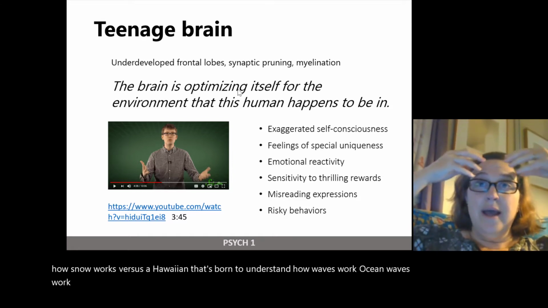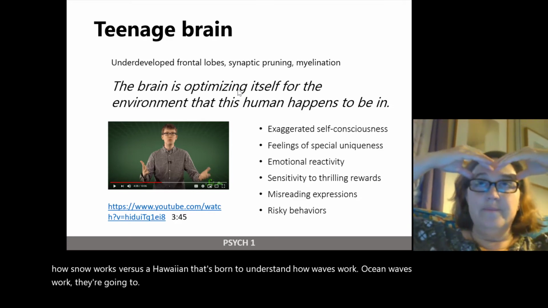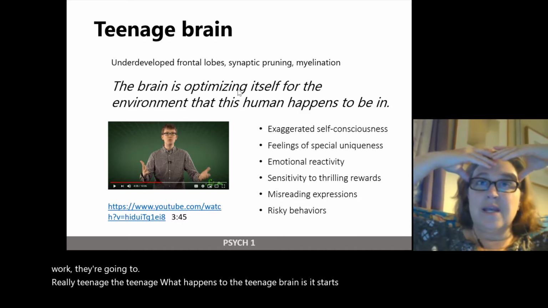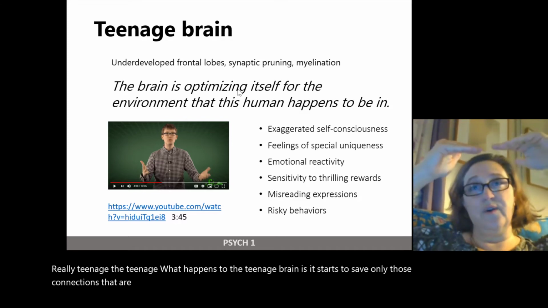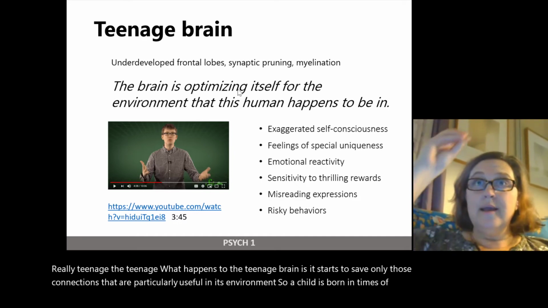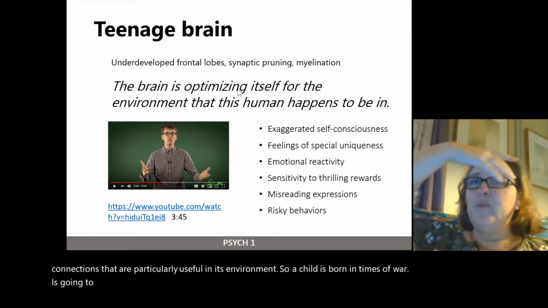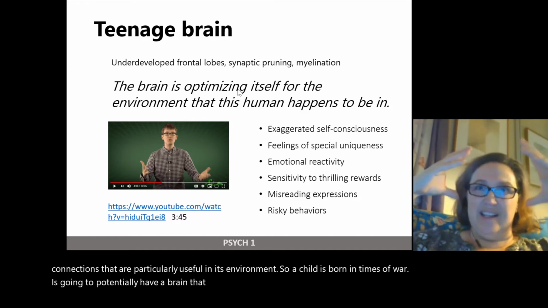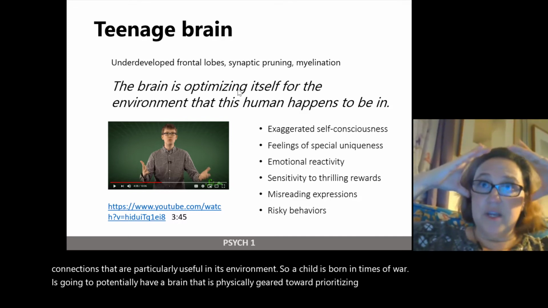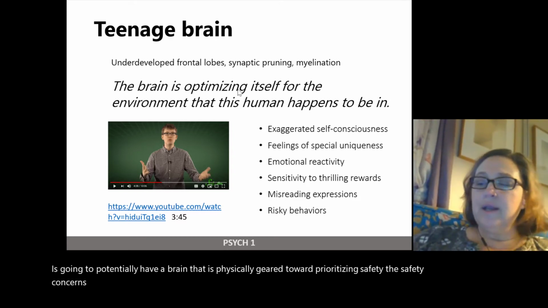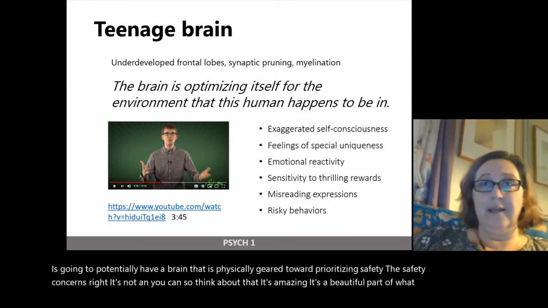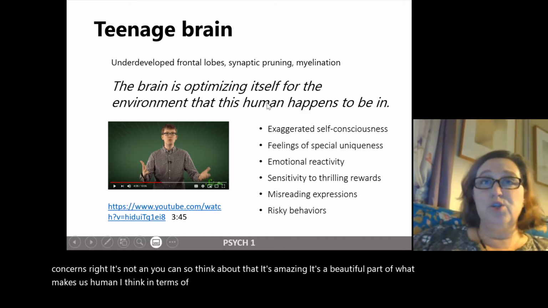What happens to the teenage brain is it starts to save only those connections that are particularly useful in its environment. So a child who's born in times of war is potentially going to have a brain that is physically geared toward prioritizing safety concerns, right? So think about that. It's a beautiful part of what makes us human, I think, in terms of how we can adapt to different situations.